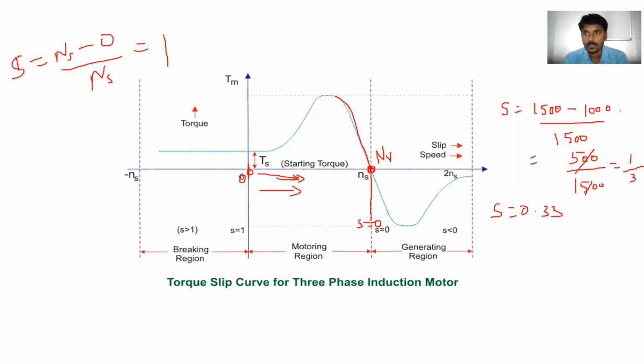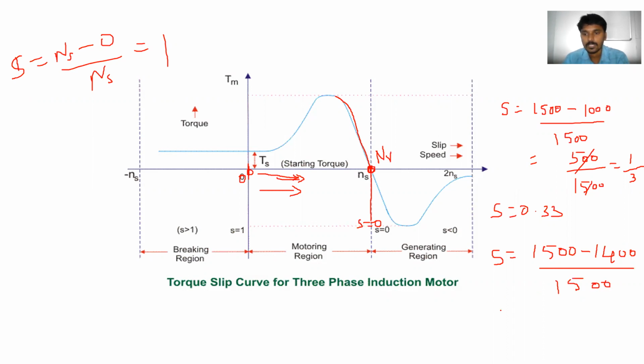If the motor speed is 1000 rpm, and now I am going to increase the motor speed. Clear? S is equal to 1500, the synchronous speed is the same, minus, for example, motor speed 1400, divided by 1500.